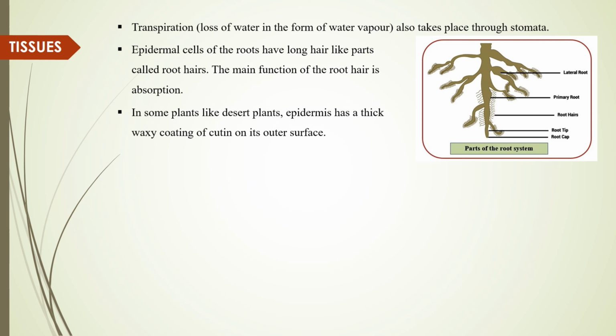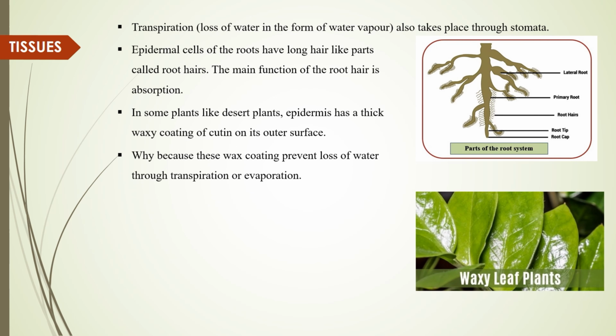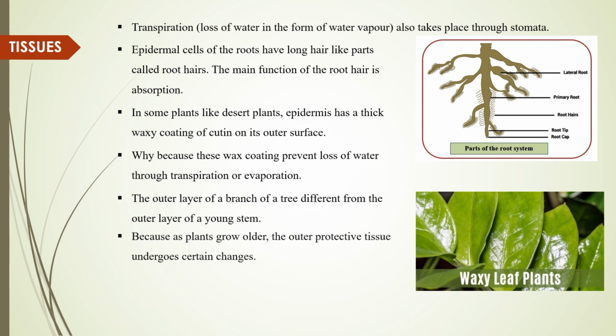In some plants, like desert plants, the epidermis has a thick waxy coating of cutin on its outer surface, to prevent loss of water through transpiration or evaporation. The outer layer of a branch of a tree is different from that of a young stem, because as plants grow older, the outer protective tissue undergoes certain changes.